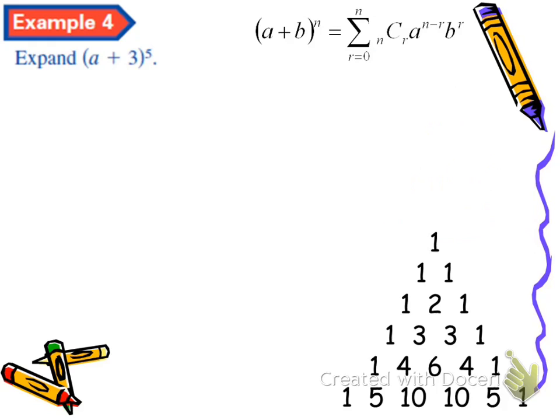Alright, I'll move Pascal's triangle down to the bottom here to give myself a little more room. So these are the coefficients that we need in front of our a and b. So I'm going to start by writing that out first.